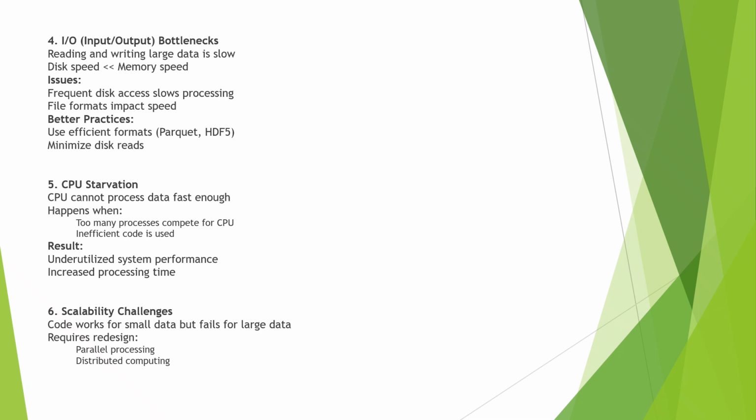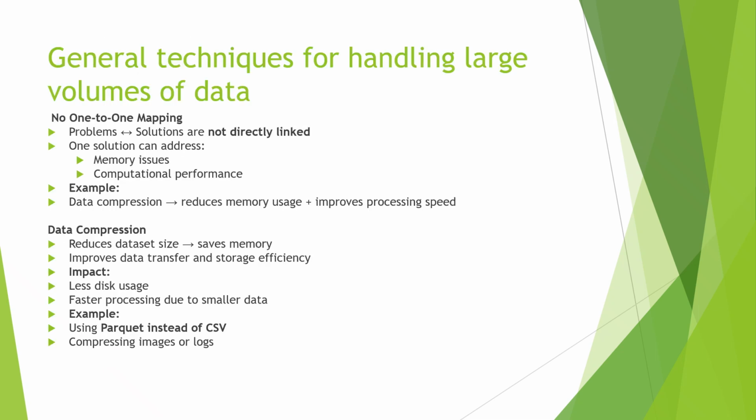Additionally, scalability becomes a major concern, as programs that work well for small datasets often fail or perform poorly with large data. This requires redesigning the system using approaches such as parallel processing and distributed computing, ensuring that the solution can handle increasing data sizes effectively without performance degradation.